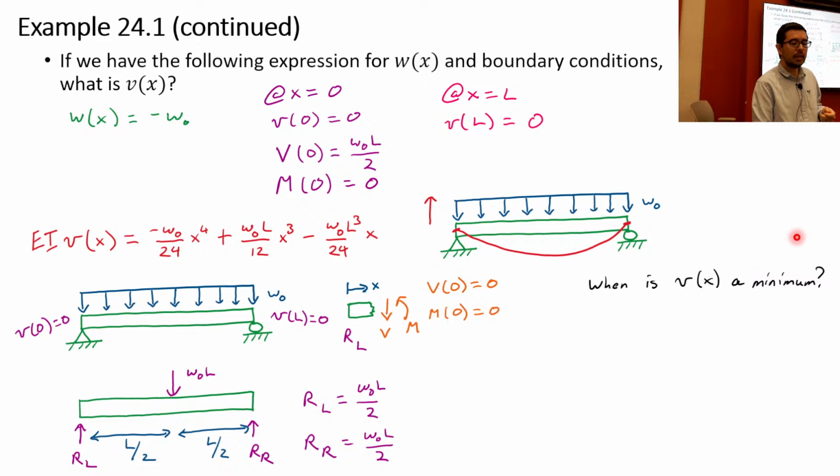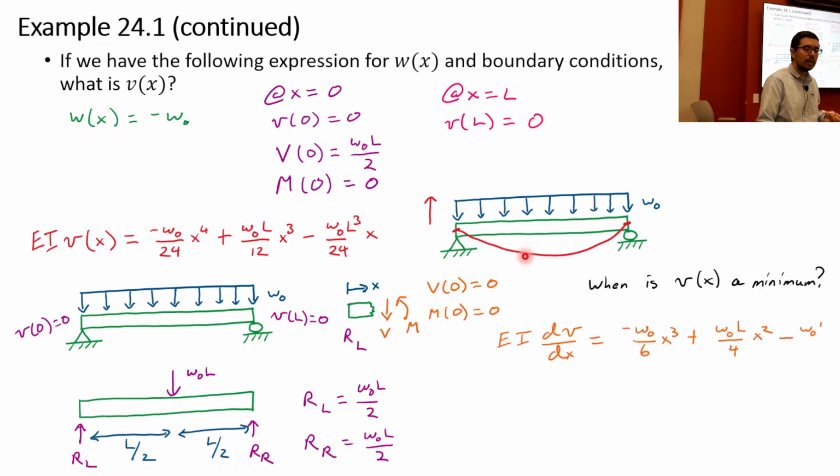When is V a minimum? You could think of it as, when is it the most negative? What do you do there? This is a little bit different, right? You take the first derivative. Well, the first derivative we already solved for, because we were integrating up, so this is the first derivative.